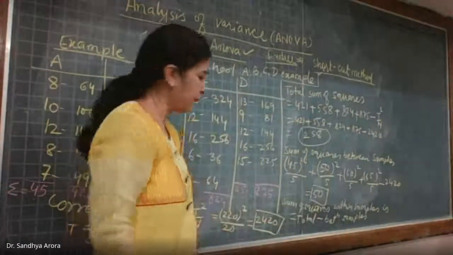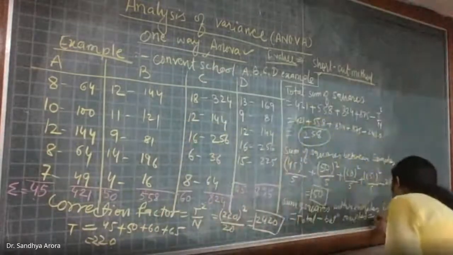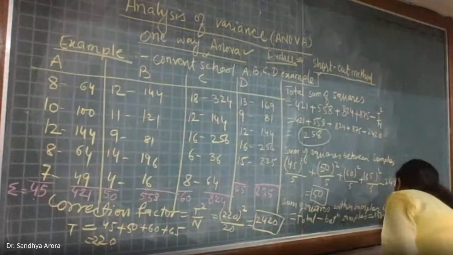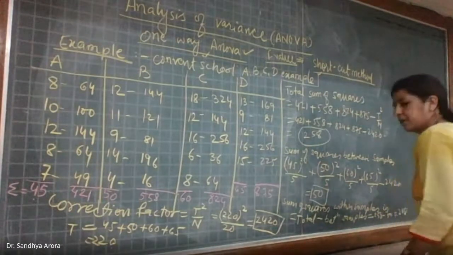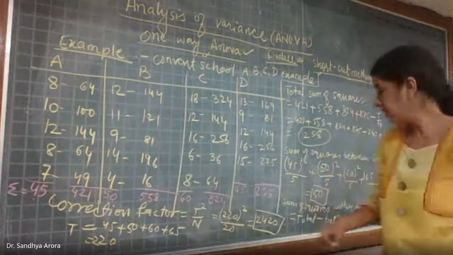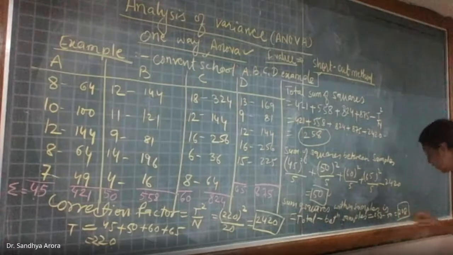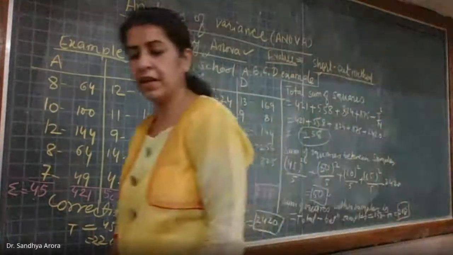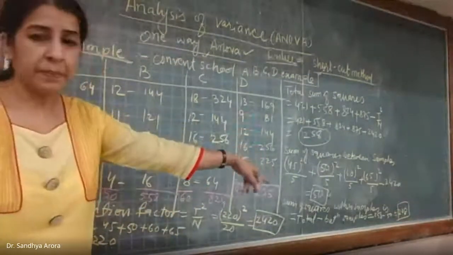What is the value of total minus between samples? 258 minus 50, which is 208. Isn't it? You can check the earlier calculation which we did. The quantities are the same.